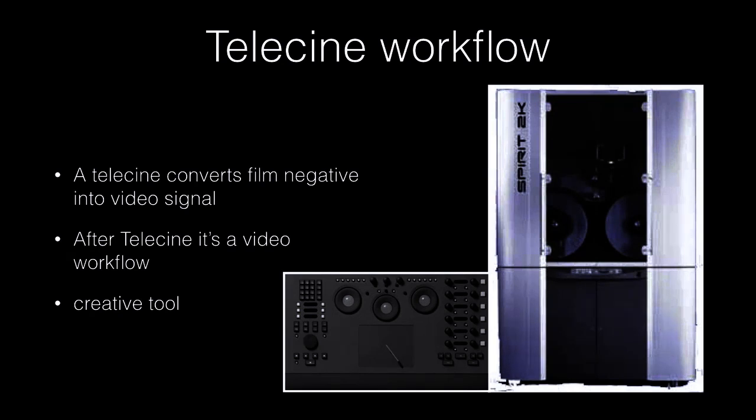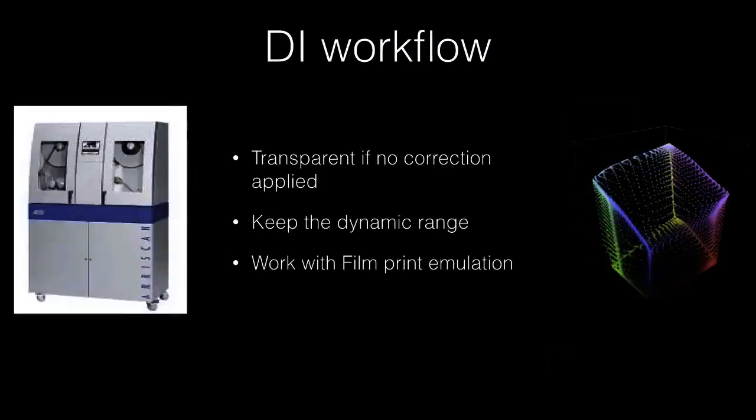But considering again that you've really removed a lot of the information, especially in the highlights, that is a creative tool that just bakes your look. Something to actually preserve the whole dynamic range, as opposed to the telecine workflow where you reduce this dynamic range.